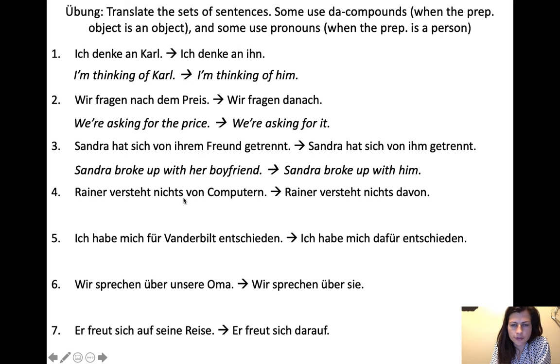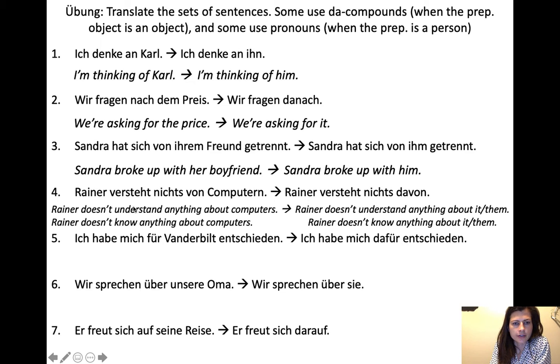Rainer versteht nichts von Computern. Rainer versteht nichts davon. Rainer doesn't understand anything about computers. Of computers. Or Rainer doesn't understand anything about them. So you could say about them as in the computers, right? Or about it as like the knowledge or something, right?